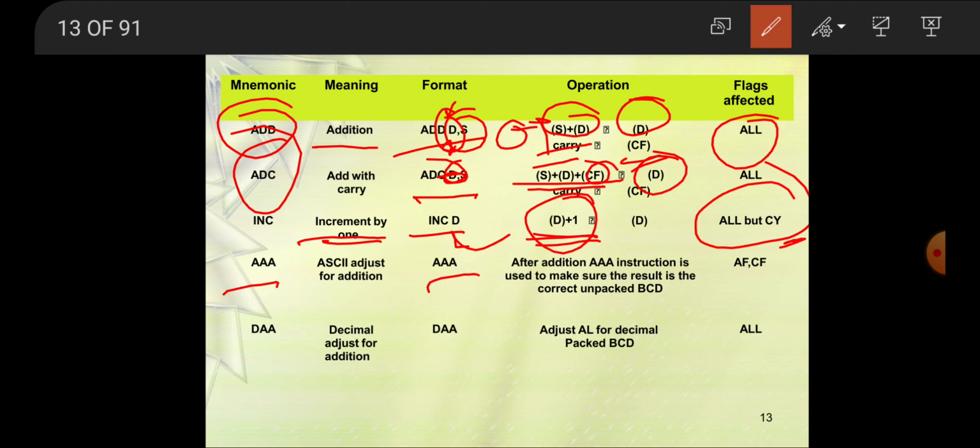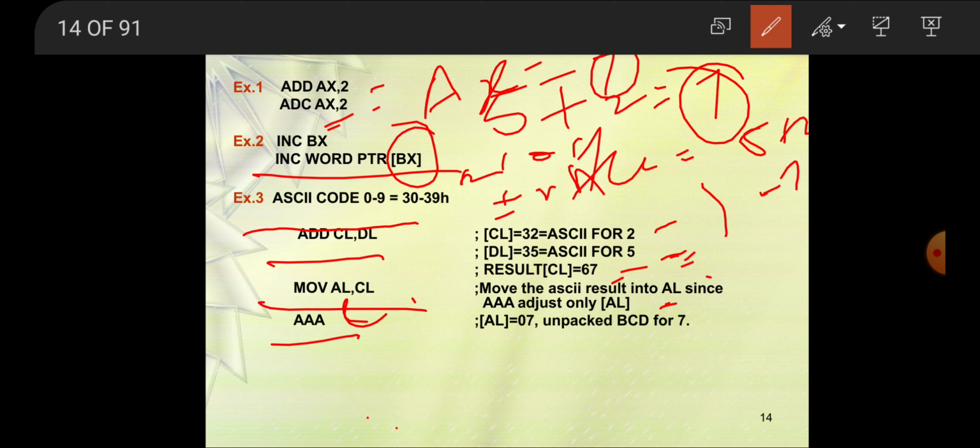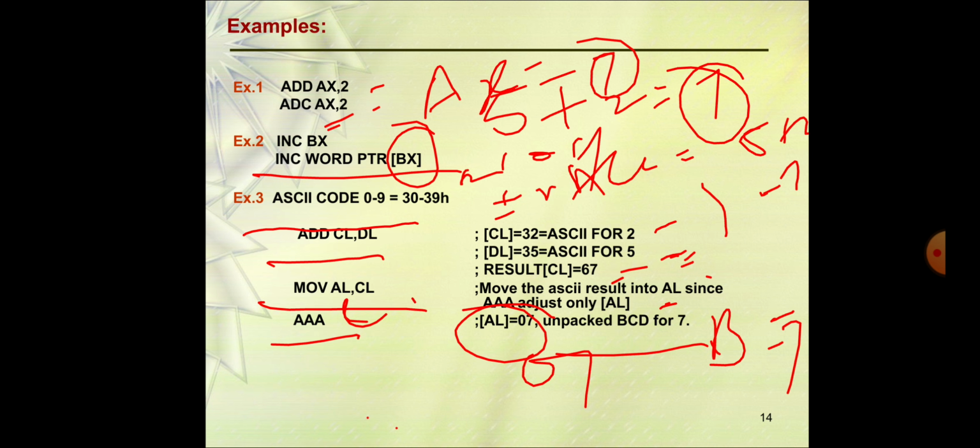Now MOV AL, CL: move the ASCII result into AL, since AAA adjusts only AL. Whatever data is in CL will move into AL. Now AAA: AL is equal to 07, unpacked BCD for 7. So the BCD of this result is 7. This is how exactly the operation can be performed.